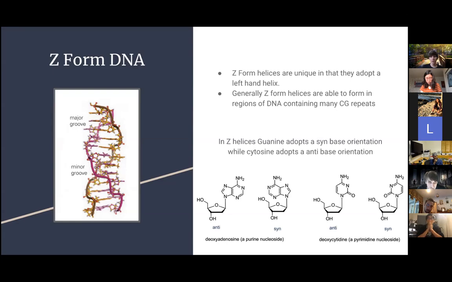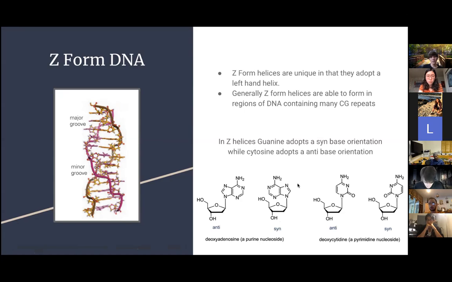Another unique characteristic of the Z form helix is that, like with the A form and the B form helices, all of the bases will adopt an anti conformation with respect to the sugar. However, when you have a Z form helix, the guanine will actually adopt a syn base orientation with respect to the sugar. And that is basically what's pictured here, but this is adenosine because my picture does not have guanine.